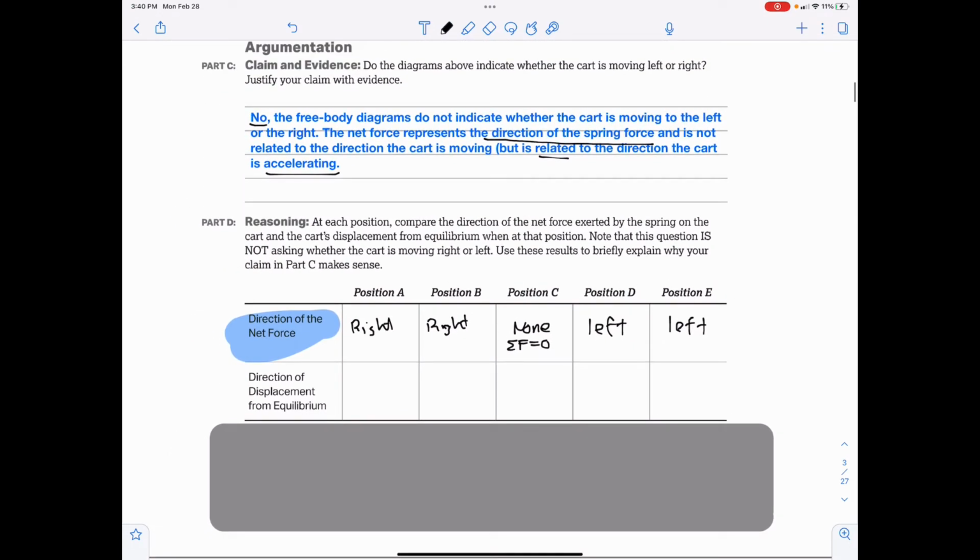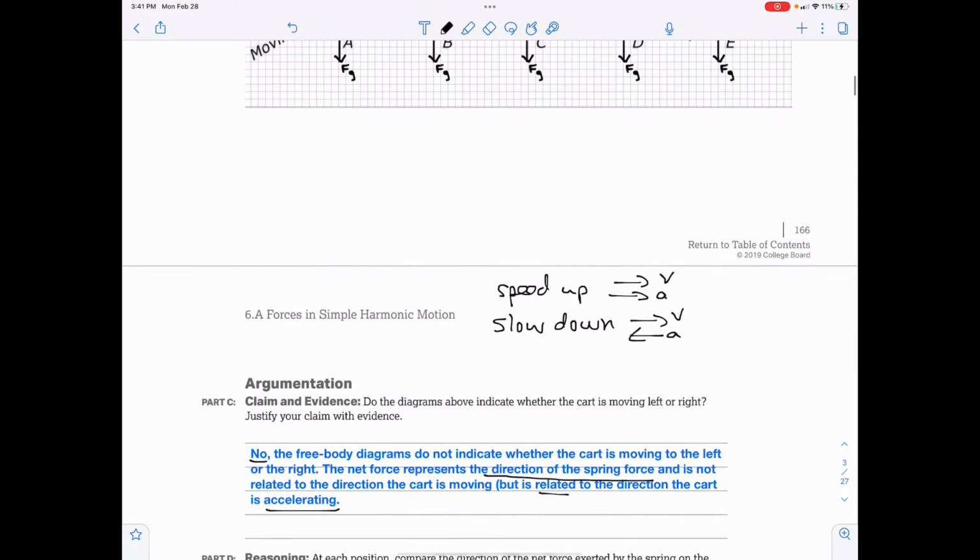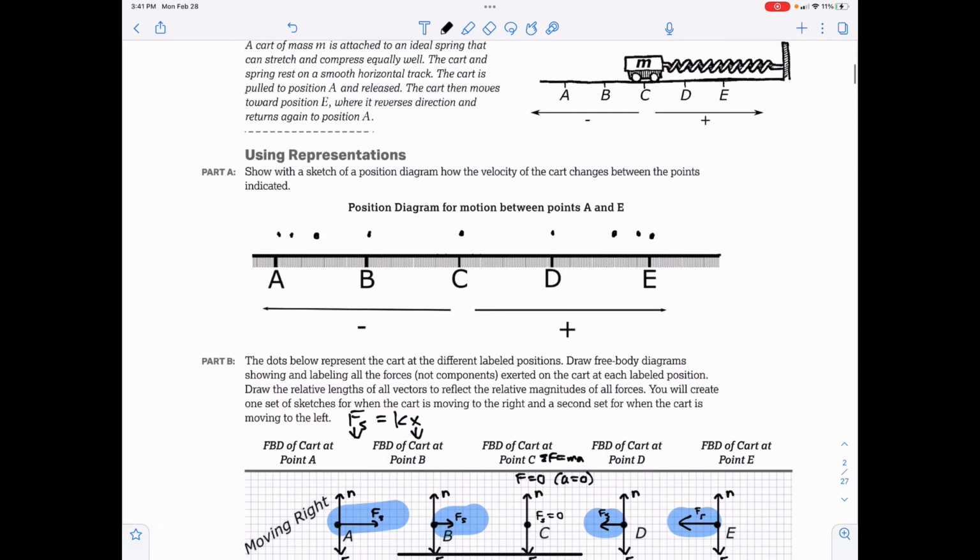Okay, now the second row is the direction of the displacement from equilibrium. So at position A, your position A is positioned to the left of equilibrium. So it's the direction of displacement from equilibrium. So you can see here, A and B are both on the left side of equilibrium, which is right here.